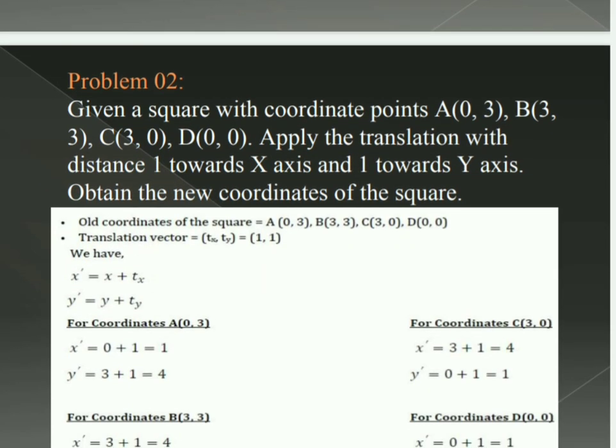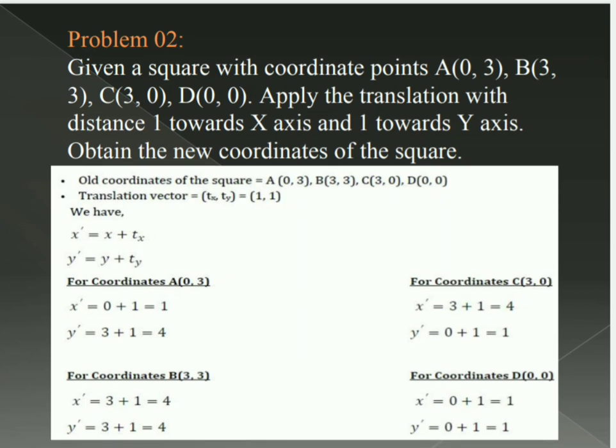Then consider one more example, for a square. The square has the coordinates A (0, 3), B (3, 3), C (3, 0) and D (0, 0). Apply the translation with distance 1 towards the x-axis and 1 towards the y-axis. Obtain the new coordinates of the square. So here the translation vector tx and ty have the values 1, 1.